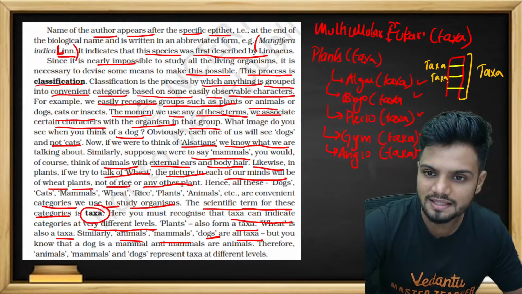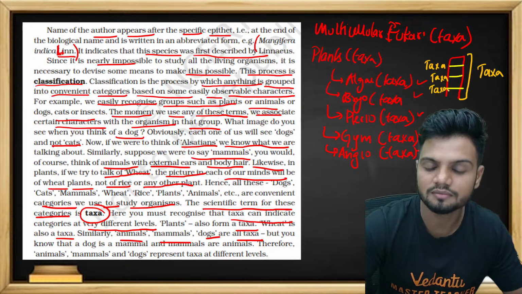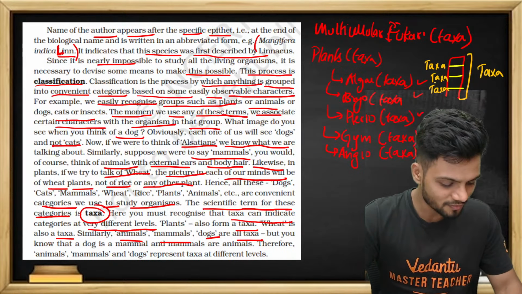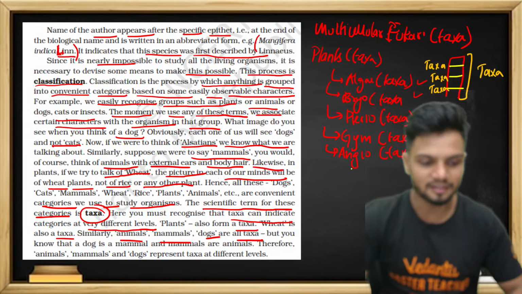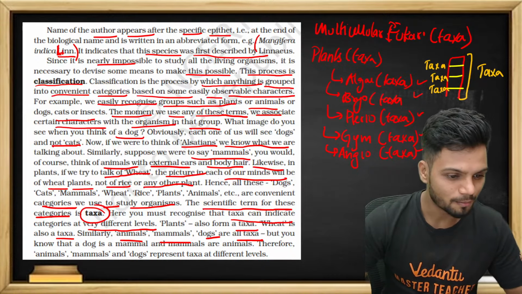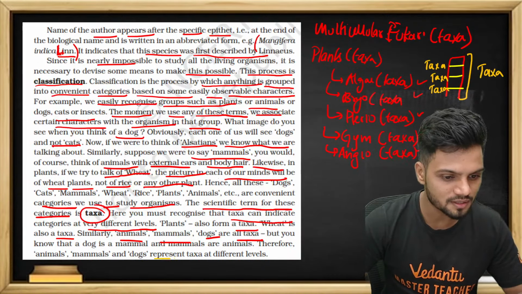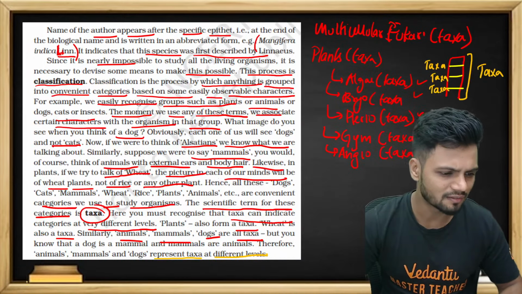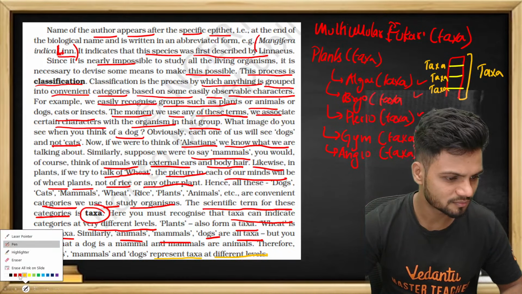So understand, taxa means a particular rank or a level or a particular group. Now, mammals and dogs represent different taxa at different levels. Very simple. Not difficult at all.